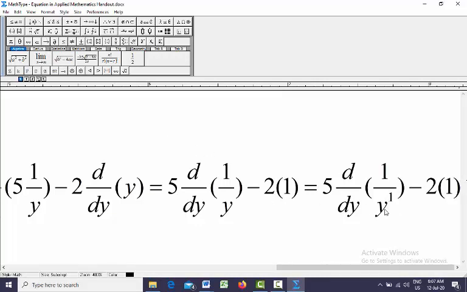Power 1 you do not need to write, because it doesn't make any change in the number. So there is a power which is 1, and 2 multiplied by 1, we will have only 2 here.